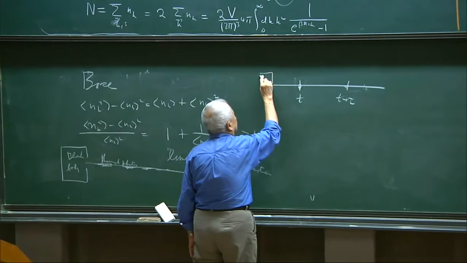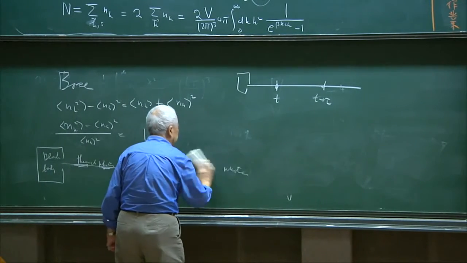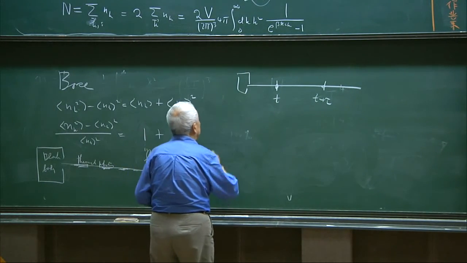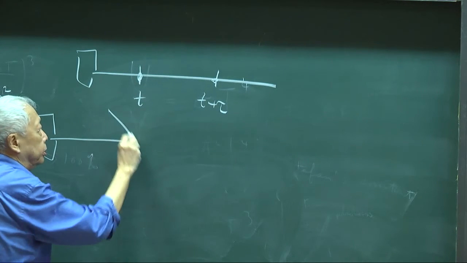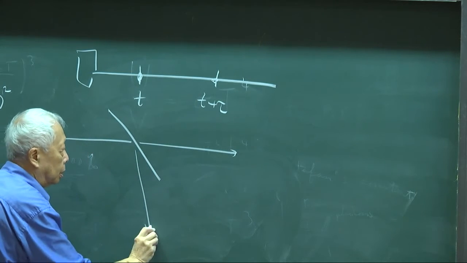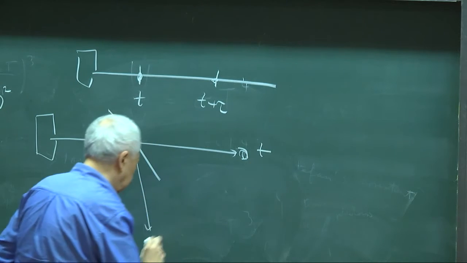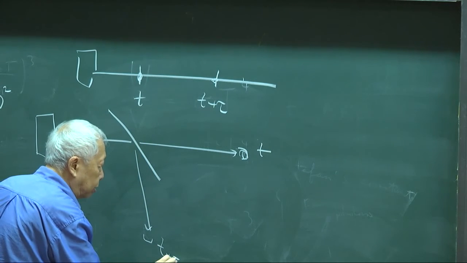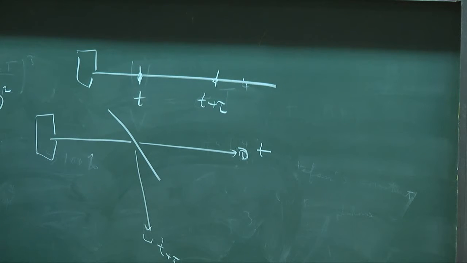This is an oven. And the classic experiment is to do this. You take an oven, you take this beam, you put a mirror here, you split it. One beam goes this way, and the other beam goes this way. And you put a detector here at time t, you take it at time t plus tau, and you compare the two measurements and show that it fluctuates.